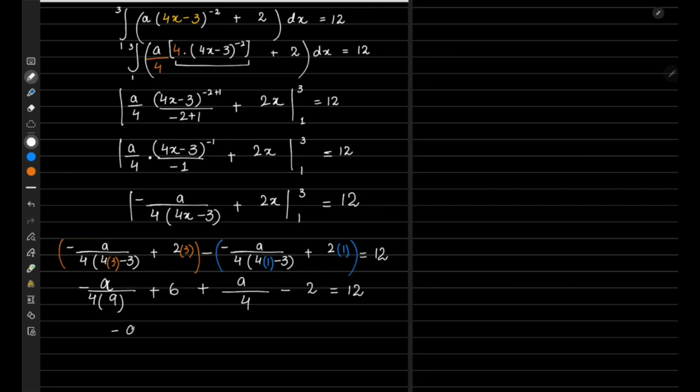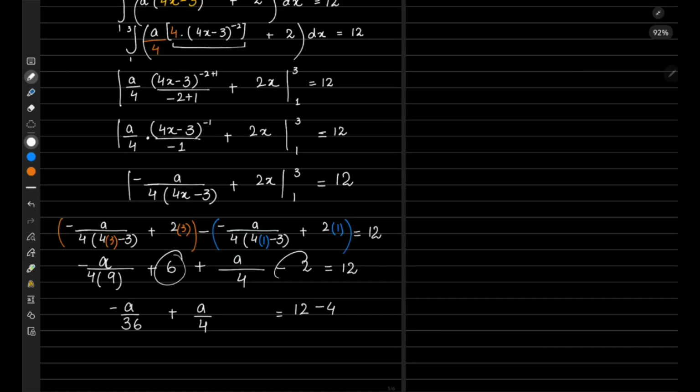So minus a over 36, plus 6 minus 2 is 4, and taking this 4 to the other side, this becomes 12 minus 4, plus a over 4 is left.